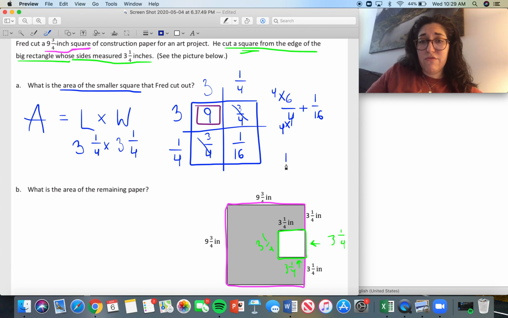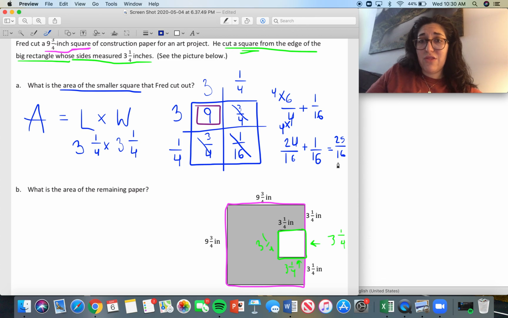So now I have 16 on the bottom, and 4 times 6 on top is 24. Add my 1/16, which I didn't need to change because it already had a denominator I could use. Keep my denominators the same. 16, 25/16. So now I've also used this.